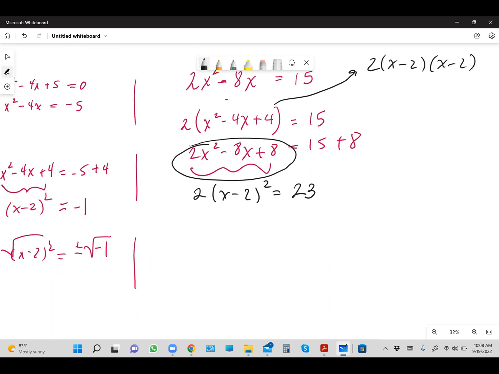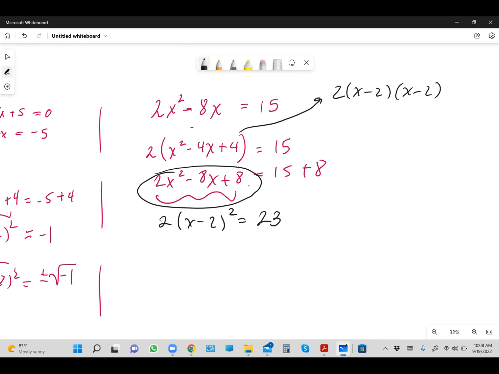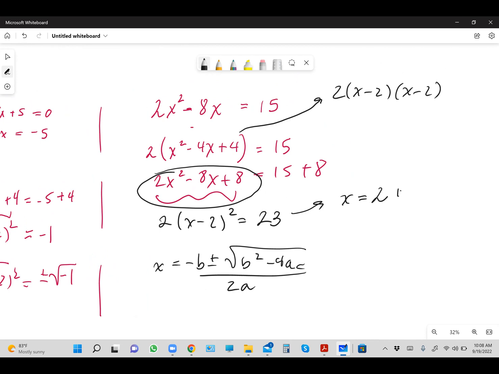Now, let me show you the power of this. So we said already that x equals -b plus or minus the square root of b squared minus 4ac all over 2a. Do you agree that we already said that? Yes. Now, let me just quickly solve this. This comes out to x equals 2 plus or minus the square root of 23 over 2.